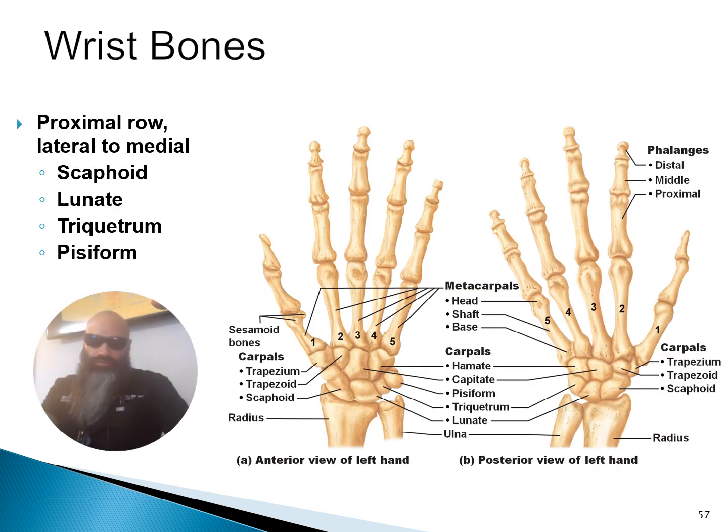Okay, so one way to identify these is to go from, it says here, lateral to medial. Scratch that. I'd rather use the correct anatomical terminology that we use in orthopedics. What they mean by lateral is radial, so radial to ulnar, that's the terminology we use.